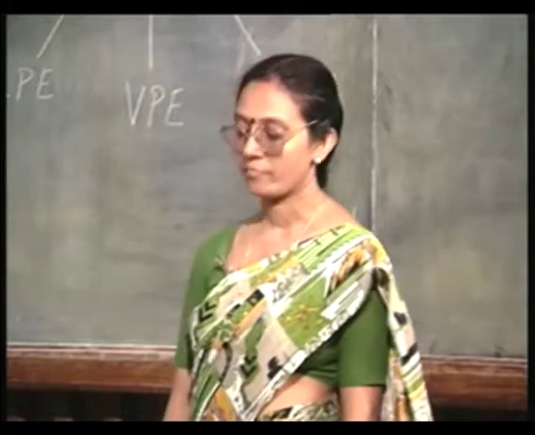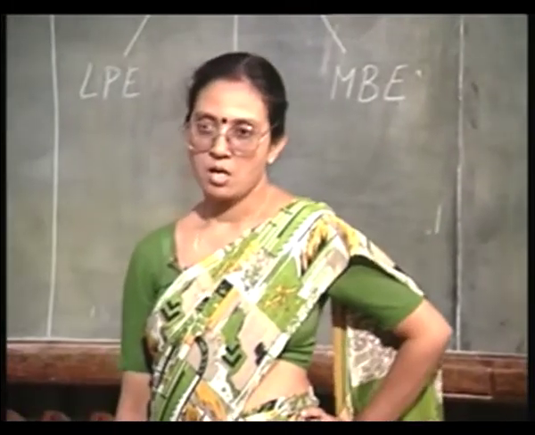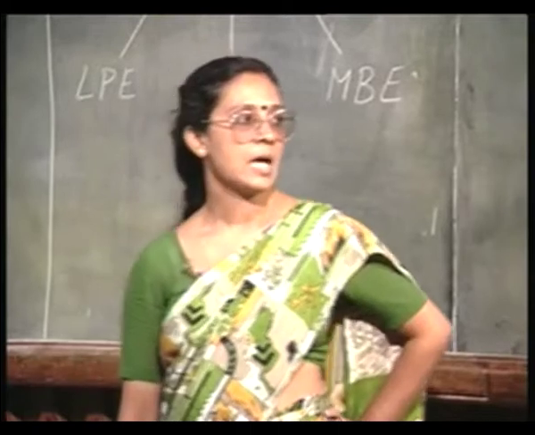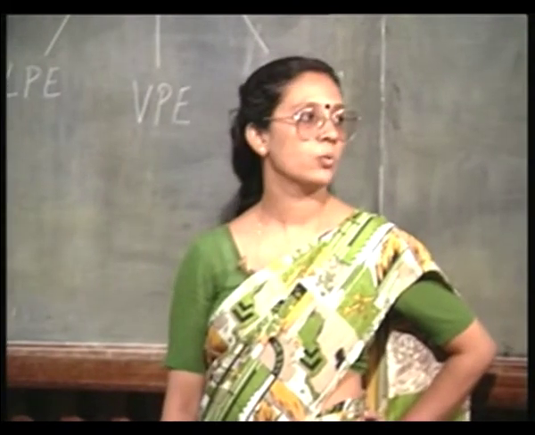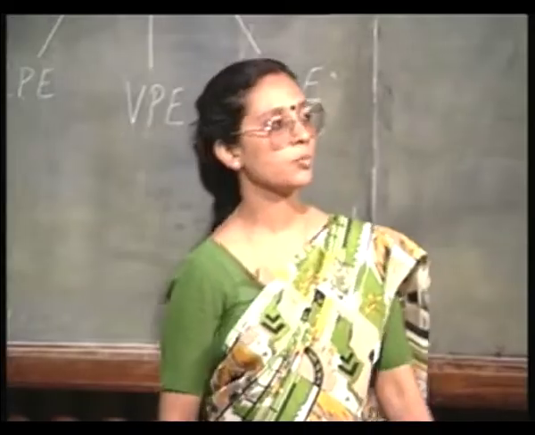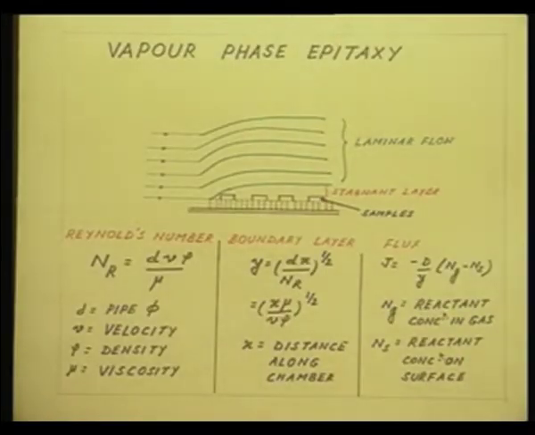Now, with vapor phase epitaxy, you have to understand one particular problem associated with the whole thing. The gas is flowing inside with a finite velocity. At the substrate, just at the point of contact, the velocity is 0.